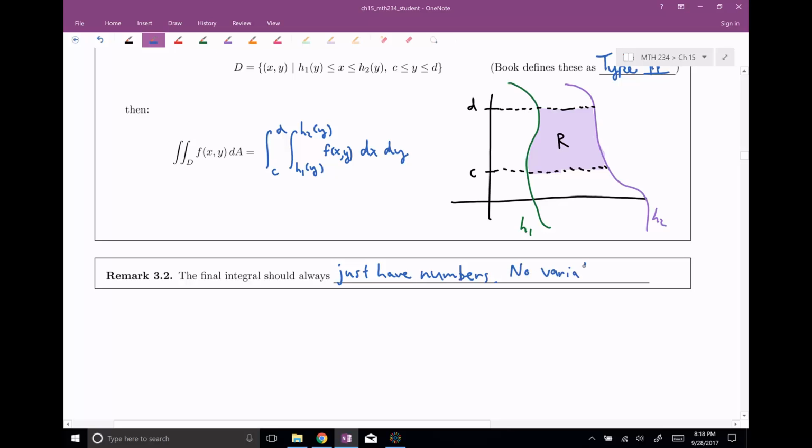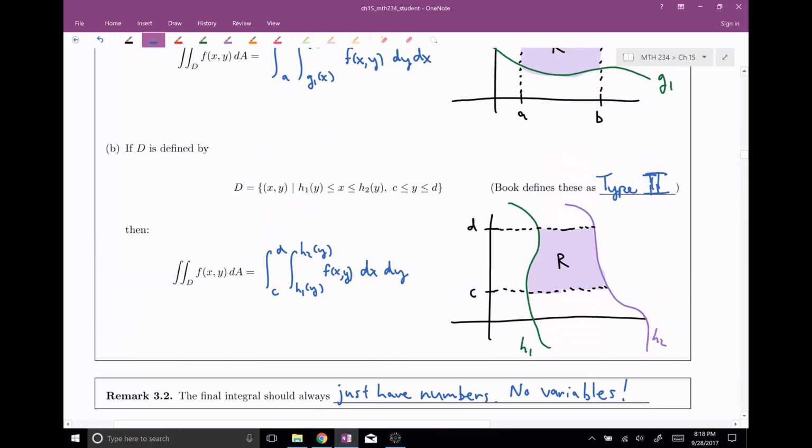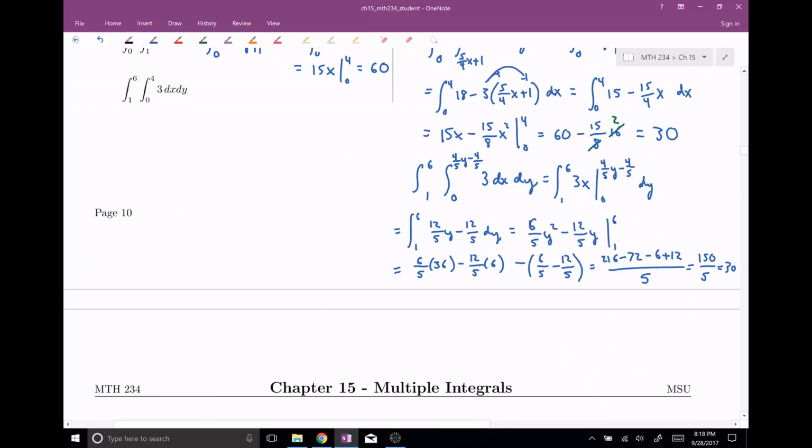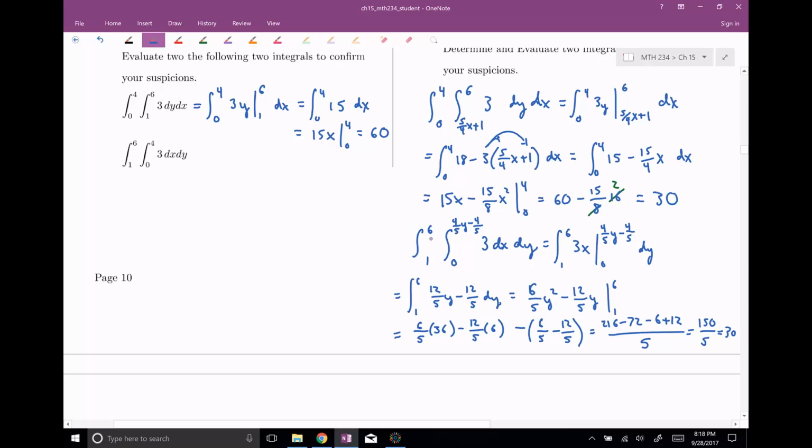If you have variables, your answer will not be a number, and that's a problem, because it's supposed to be volume. So you really cannot have variables in the last one. So c to d, these should be constants. a to b, again, constants. You can see when we did it back up here, our final integral, 1 to 6, here 0 to 4, so they should just be numbers, no variables.